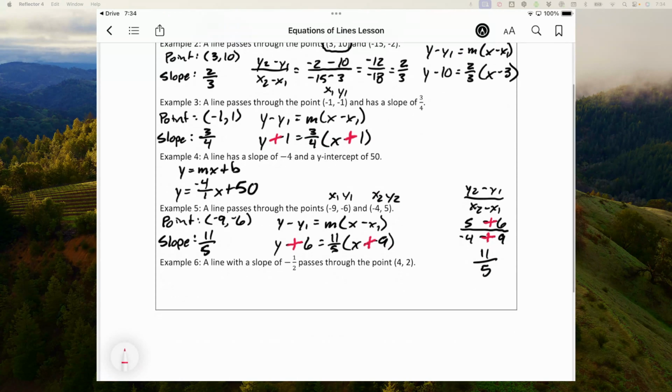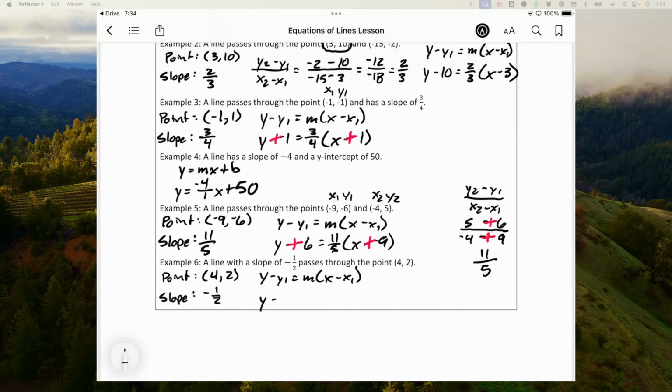Okay, last one. A line with a slope of negative 1/2 passes through the point 4, 2. So we do not have a y-intercept, we need a point and a slope. Our point is 4, 2, and our slope is negative 1/2. So we can go straight to point-slope form. y minus y1 is equal to m times x minus x1.